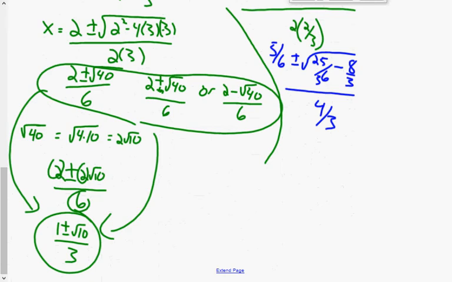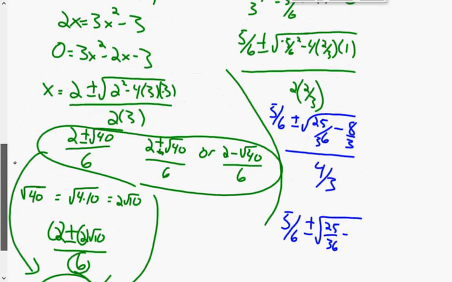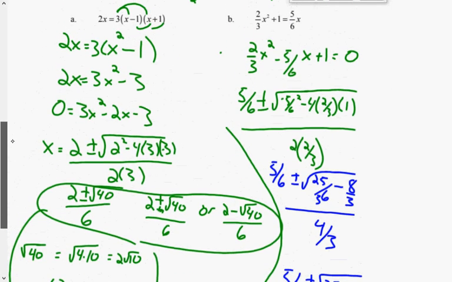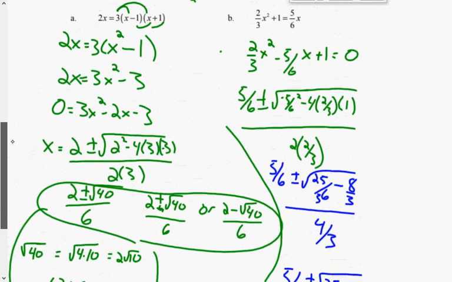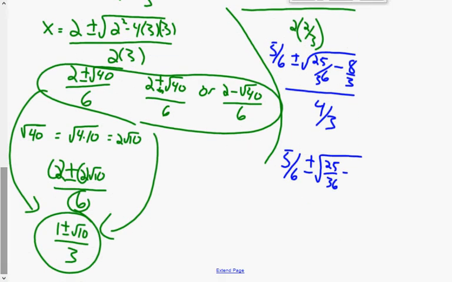Now if I continue along, I need a common denominator here. So the common denominator between 36 and 3 is actually 36. So I multiply everything here by 12.